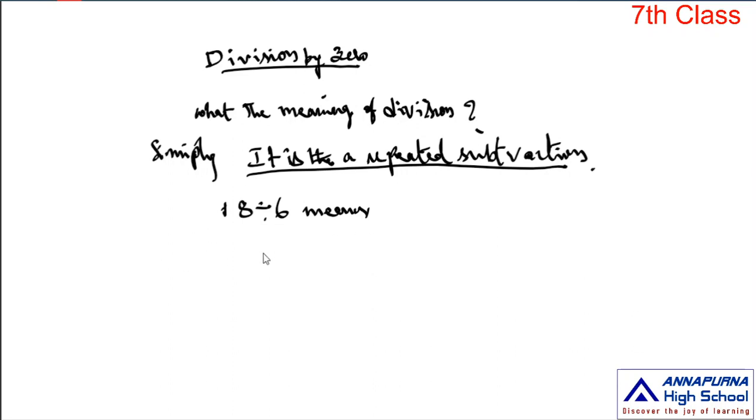So let me do this. 18 minus 6 is equal to 12. Again subtract 6: 12 minus 6 is equal to 6. Again minus 6: 6 minus 6 is equal to 0.